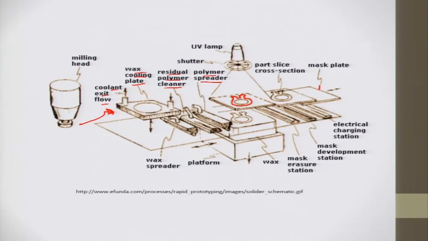Then the mask plate is being induced here step by step. Then the electrical charging station is there, mask development station is there, mask erasure station is there, wax is there, wax spreader is there. So, the basic principle is that the UV light is passing through a mask to produce this specific shape here. This shape is 2D slices.